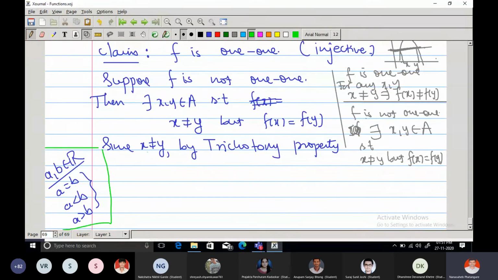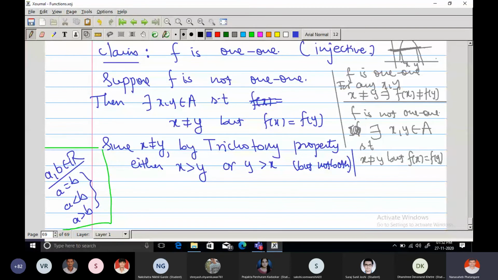So suppose x and y are real numbers, and x and y are unequal, then what are the possibilities? Either x is greater than y or y is greater than x, but not both simultaneously. It is not possible that x is greater than y and y is greater than x simultaneously. Exactly one of the three things is possible.